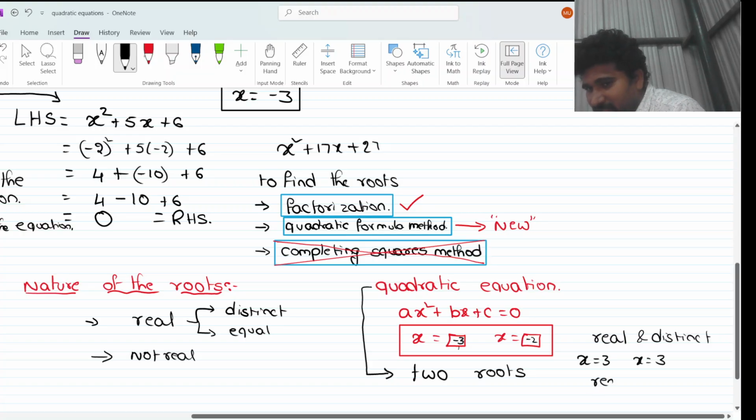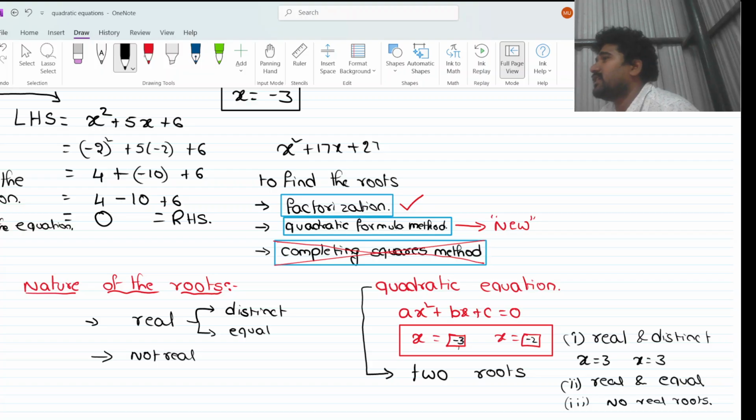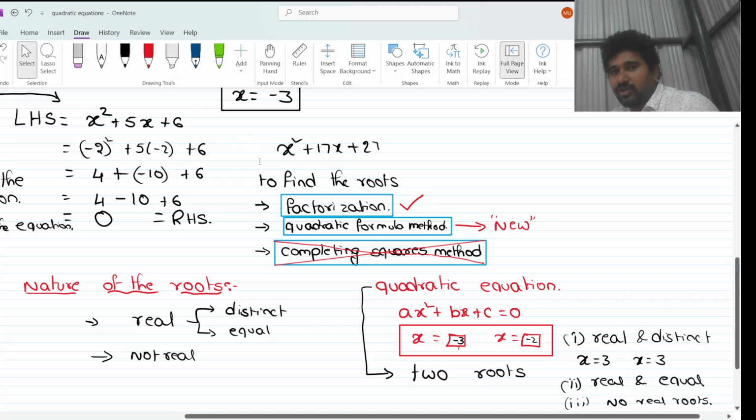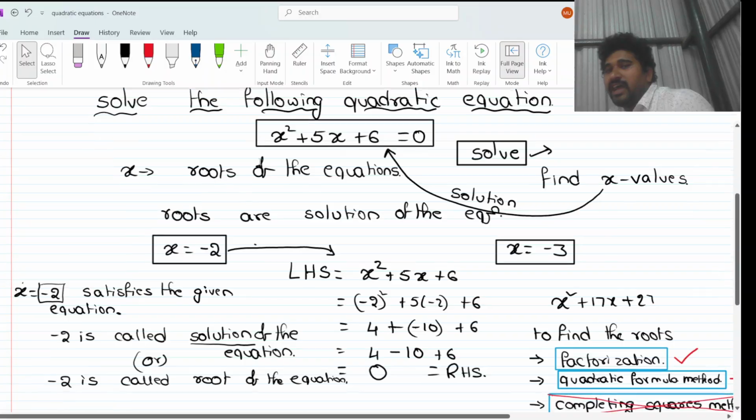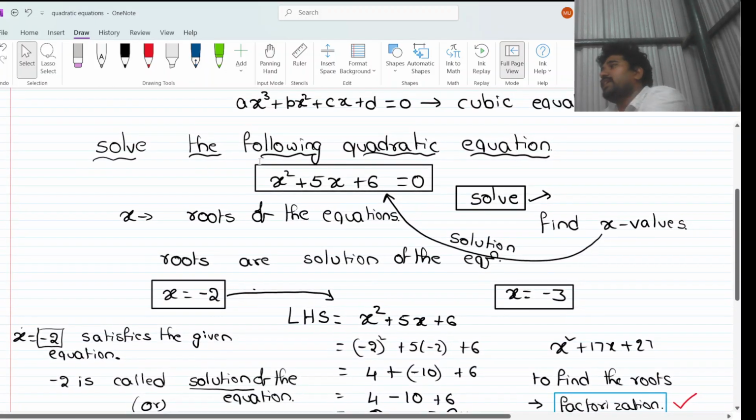Roots are real and equal. Third case, no real roots at all. Clear for everybody? So let me conclude whatever I discussed till now. I taught you how a quadratic equation will look like.